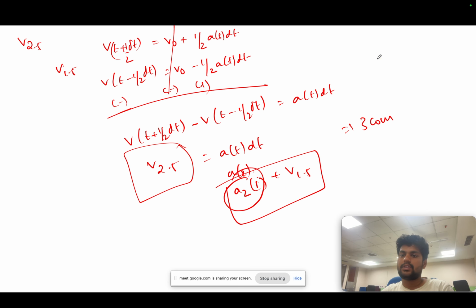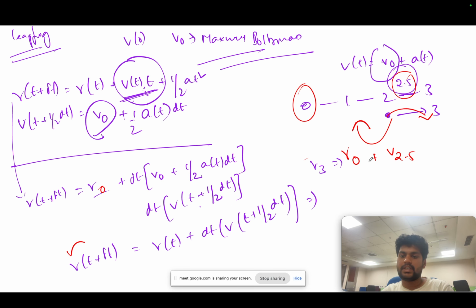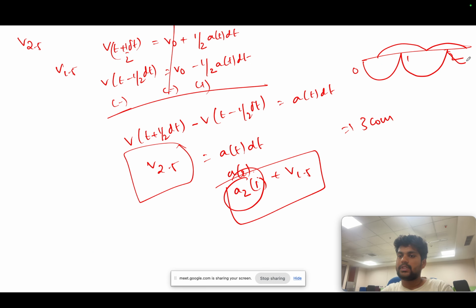The leapfrog is called so because the coordinates calculation goes in this form, but the velocity calculation goes in another form. Suppose for the radius r3, you need to go for the 2.5, and for the 2.5 you need to go for the 1.5. So one is leaping on another, and that's why it is called the leapfrog algorithm, which is the most suitable form.